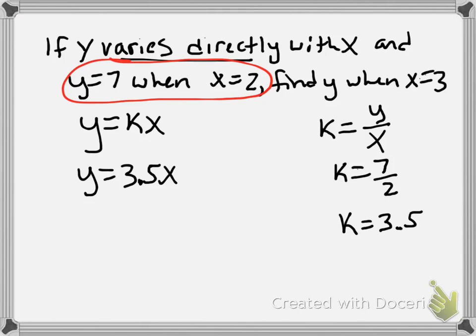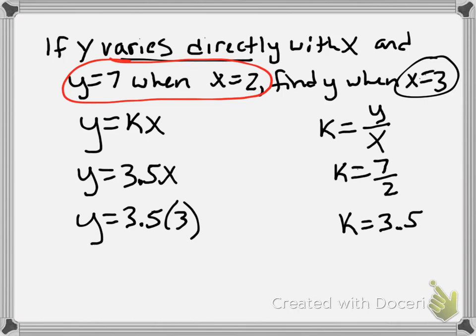All right. Now it wants us to go a step further. Find y when x is equal to 3. So 3.5 times 3. This one I end up getting 21 divided by 2, which is 10.5.